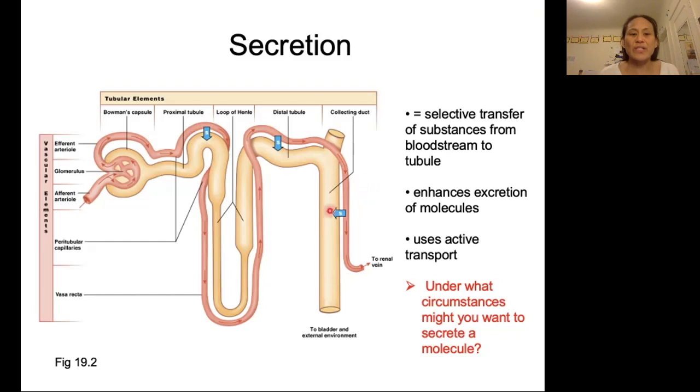Okay, so secretion is going to be part of that. So we might want to secrete hydrogen ion, for example, if our blood is too acidic. We might want to secrete sodium if our sodium concentration is too high in our blood, and so on. Okay.